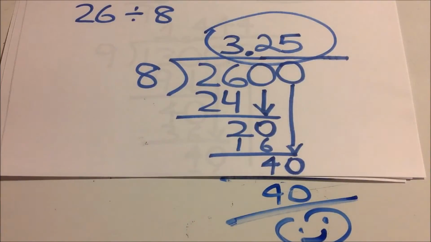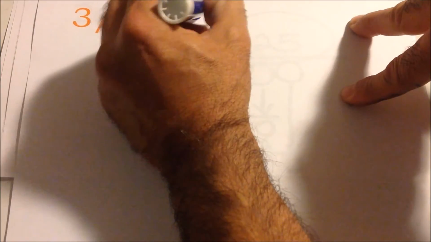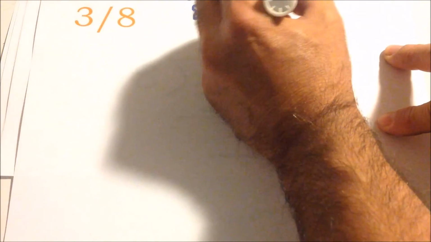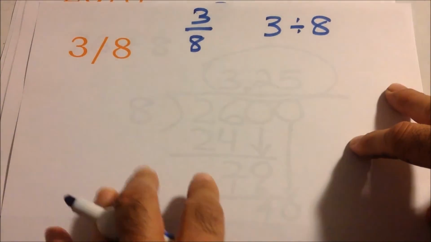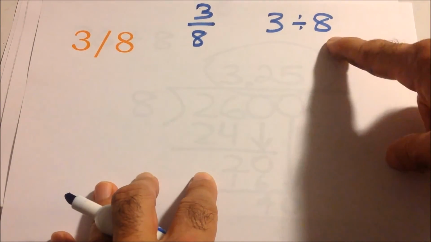Okay. So let's see if you can do this one. Pause the tape and try it. Okay, again, you can write it like this. It's 3 divided by 8. Oop, couldn't see that. There we go. 3 divided by 8. Not 8 divided by 3.